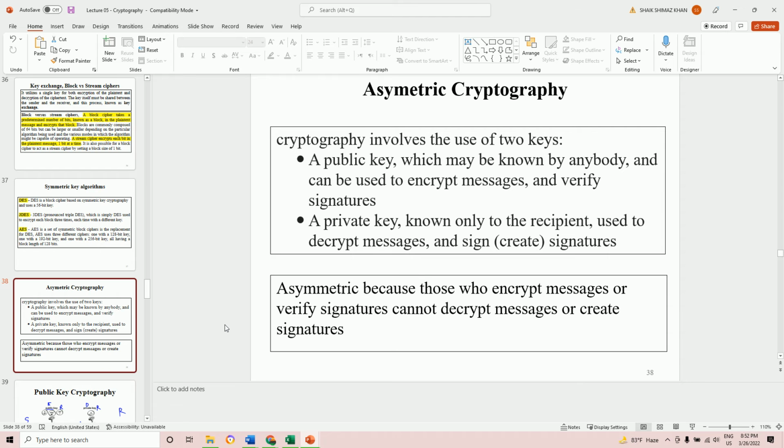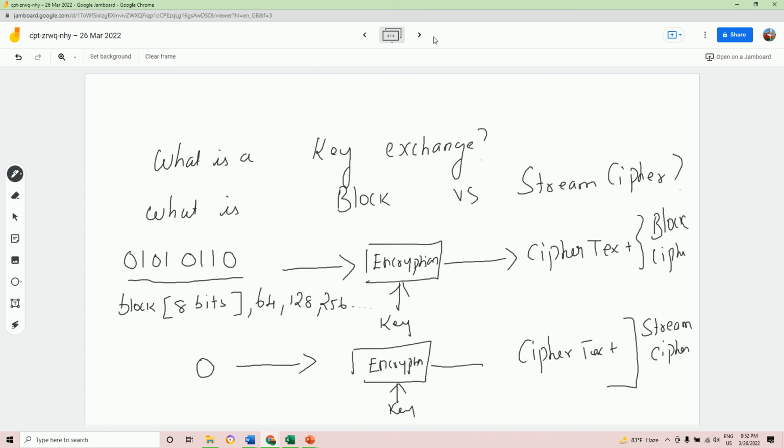So now we are going to discuss about the asymmetric cryptography. Cryptography involves the use of two keys, a public and private key. Okay, so let's discuss.